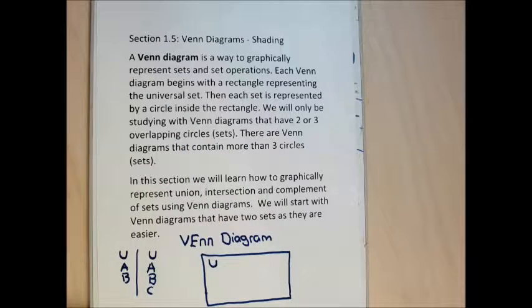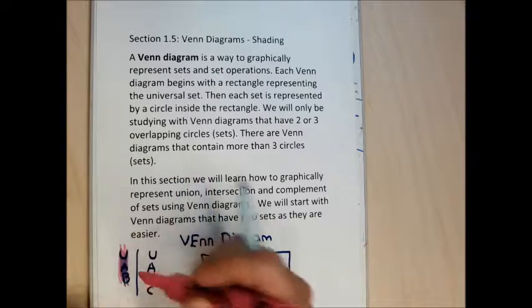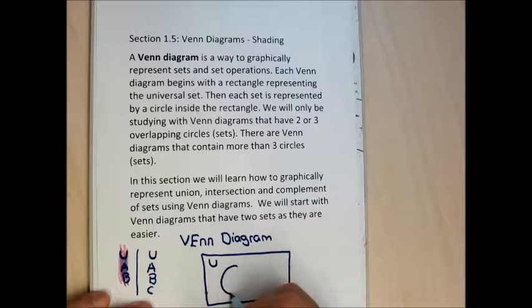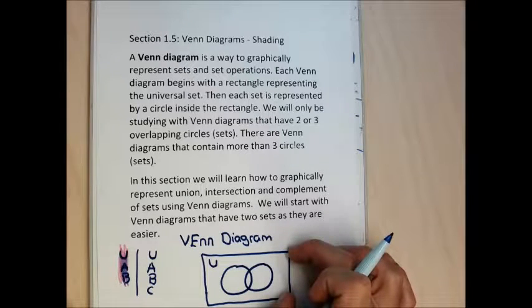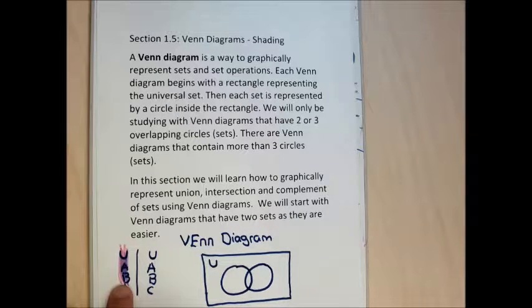And let me show you how to graphically show this situation right here, where we have a universal set with 2 subsets. Usually, when we have a universal set with 2 subsets and we want to pictorially represent those sets with a Venn diagram, we generally make the universal set a big old rectangle, and then we draw a circle for each of the subsets of the universal set, and we usually make those circles overlap.